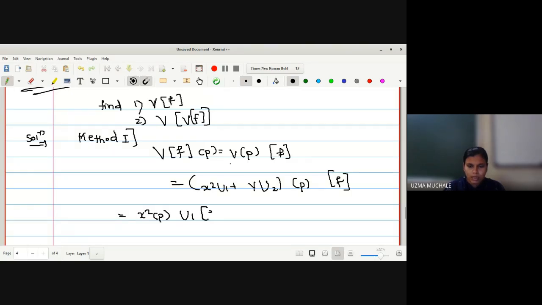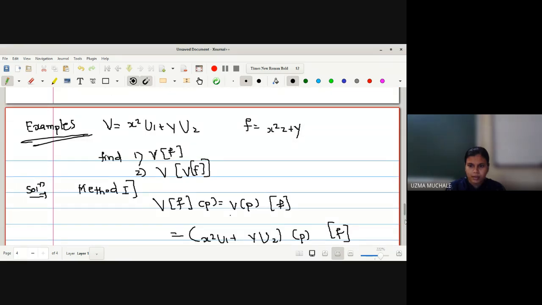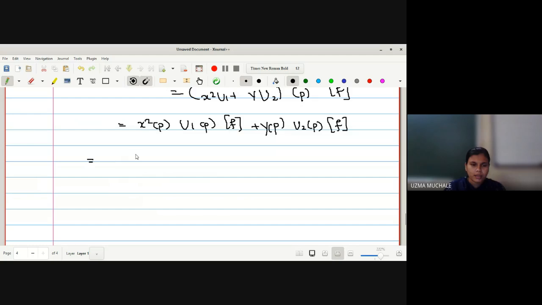Now u1p of the directional derivative of function f. Plus, next term is y at a point P, u2 at a point P, directional derivative for this function. Okay. So just you can write down the reason here. By using the point-wise application, we have applied the result. So x square evaluated at a point P.